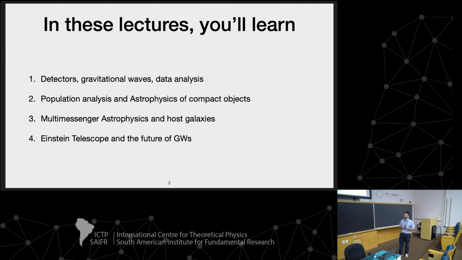We are going to merge together completely different scales. Scales on Schwarzschild scales, where you have gravitational wave emission, and galactic scales. It's a fascinating process. And then the Einstein telescope, which is like a future detector, a third-generation detector, that is going to provide us a complete picture of our universe with gravitational waves.